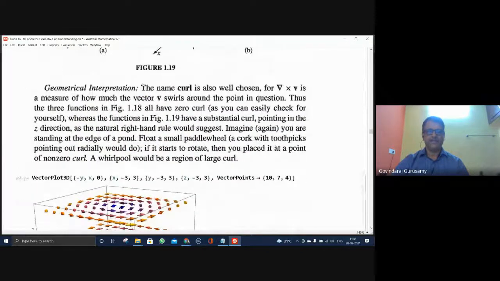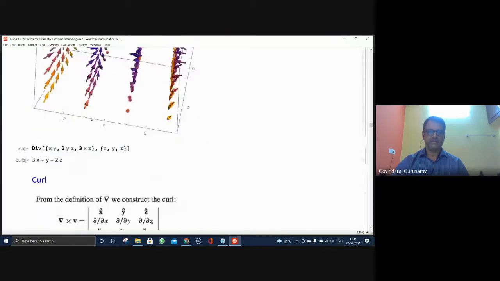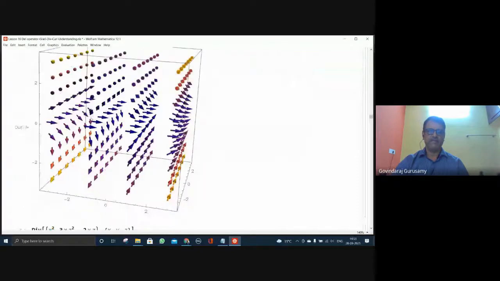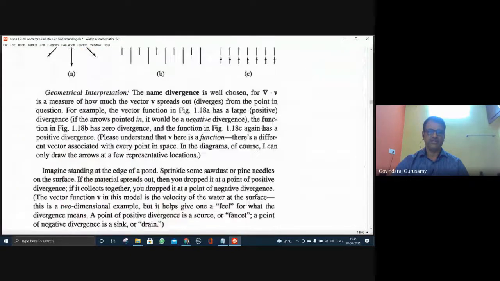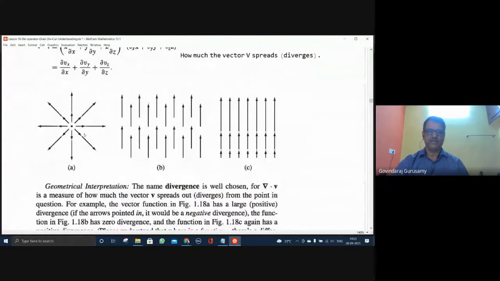Geometrical interpretation: the name curl is also well chosen, for del cross v is a measure of how much the vector v swirls around a point in question. The three functions in figure 1.18 all have zero curl, as you can easily check. Figure 1.18, the previous one which we have seen, has no curl, all three.